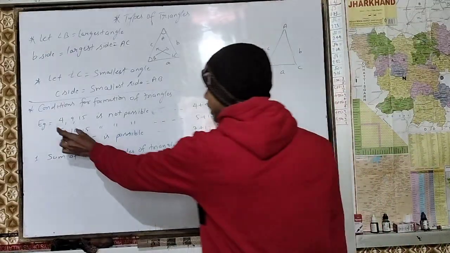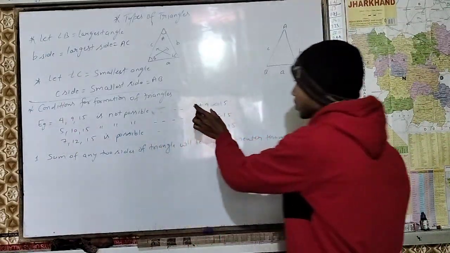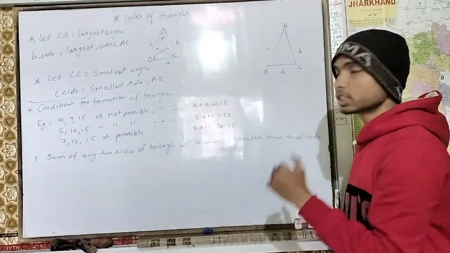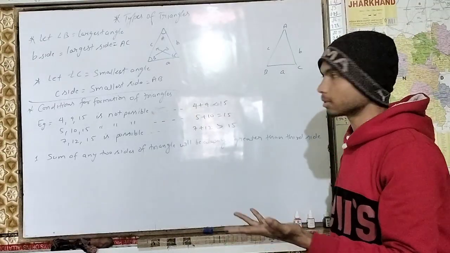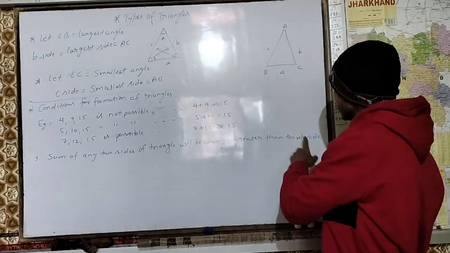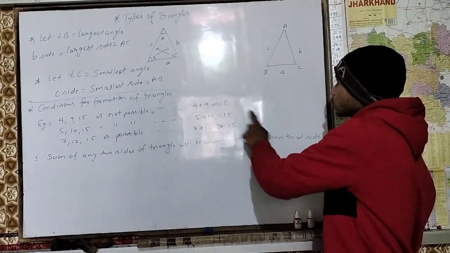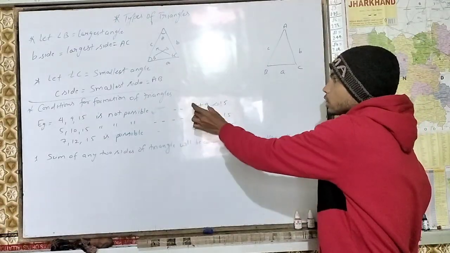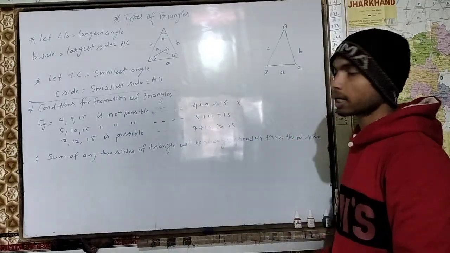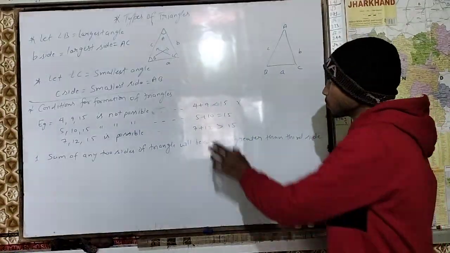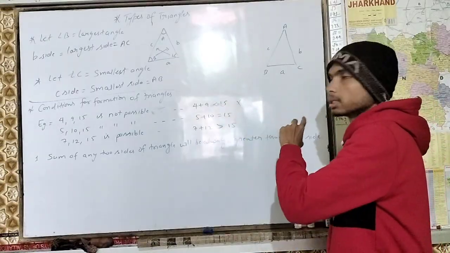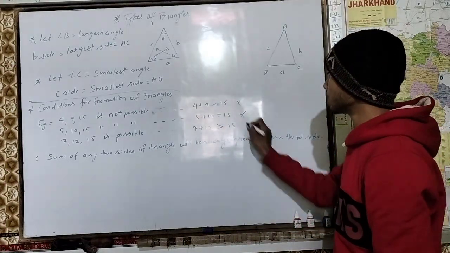For example, in this case the sum of the two sides is 15, which is not greater than the third side, 15. That's why a triangle was not possible here. The sum of two sides can never be equal to the third side, so this was also not possible.